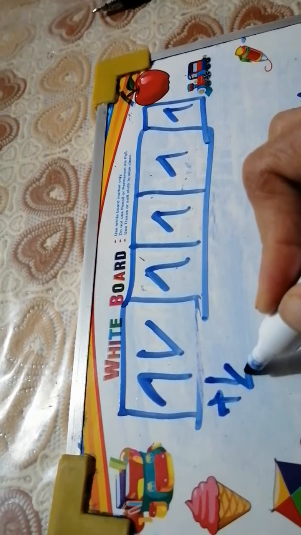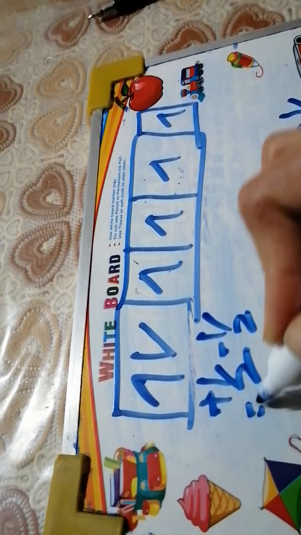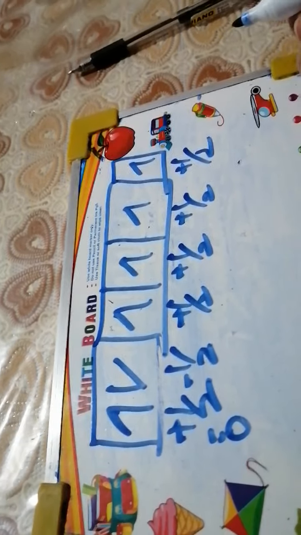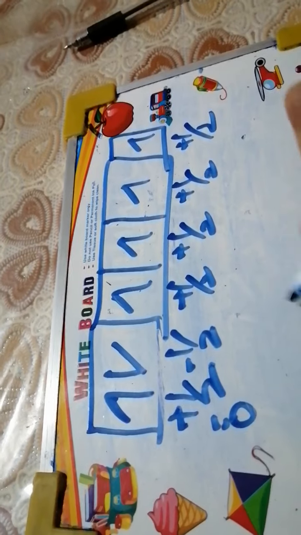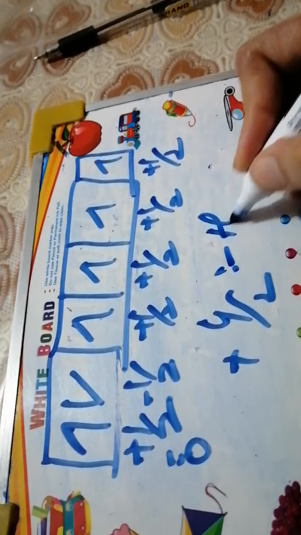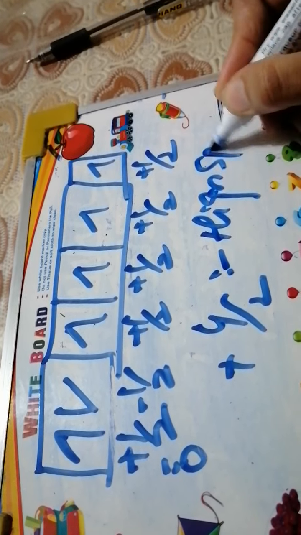So we have plus half, plus half, plus half, plus half. So how many plus half? You cannot write half is equal to 1 and half is equal to 1 so it becomes 2. No, it's plus 4 by 2, right? So the spin value for this particular compound is plus 4 by 2, right? So it's a high value, so it's a high spin compound.